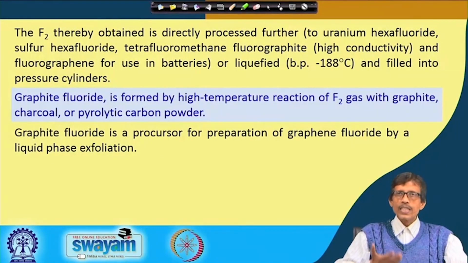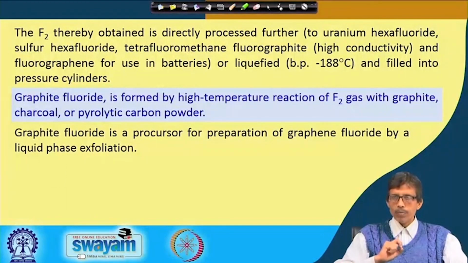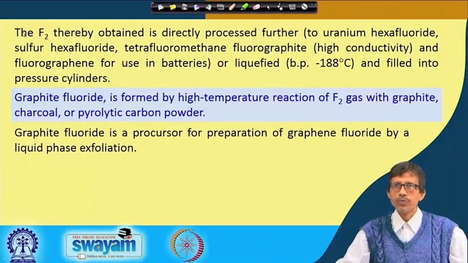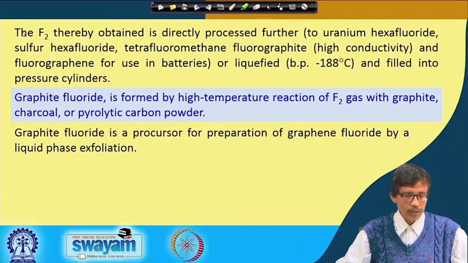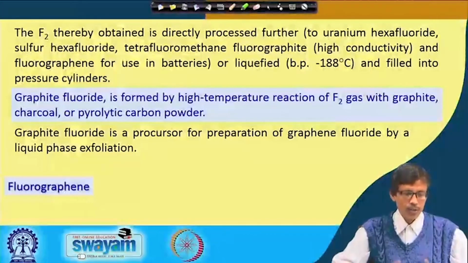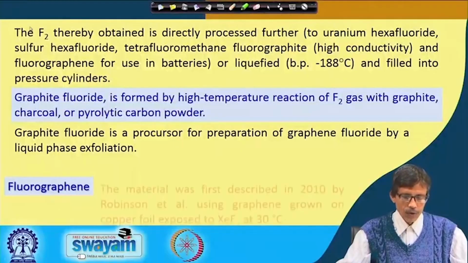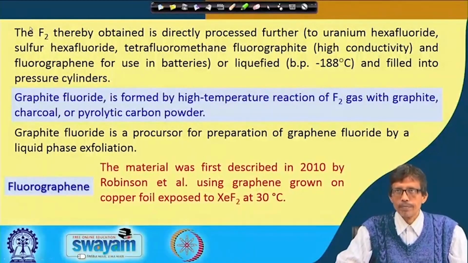The technique is known as exfoliation, that means the layer-wise removal of the graphene sheet from the graphite material. So, you make the fluorographite or the graphite fluoride and then you try to get the graphene fluoride, because fluorographene is also a very important material for industrial application.